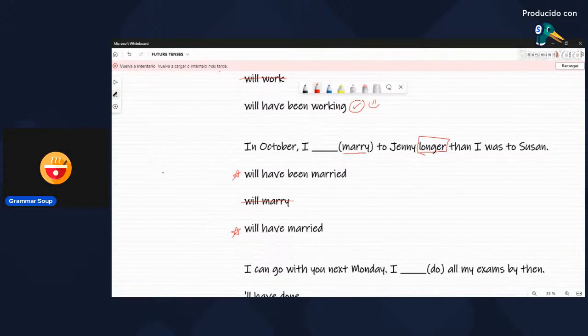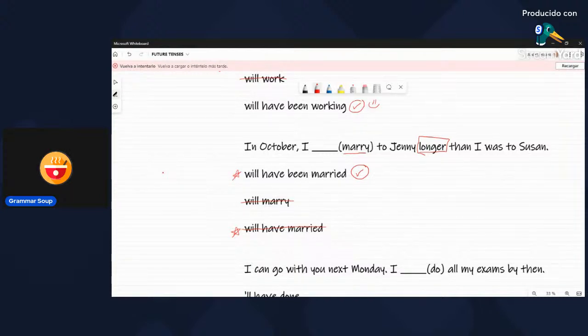In October, I will have been married to Jenny longer than I was to Susan, or in October, I will have married to Jenny longer than I was to Susan. Okay, so the correct answer in here will be will have been married. So you were right.